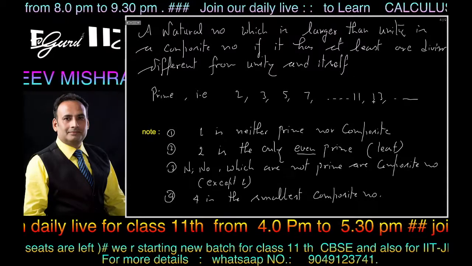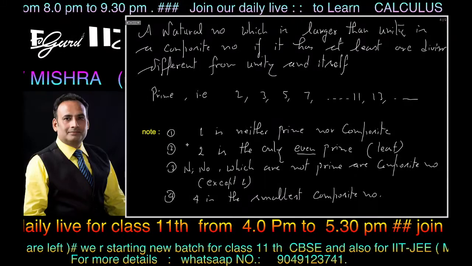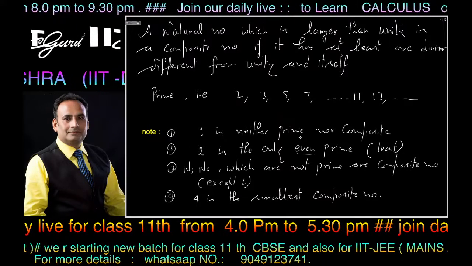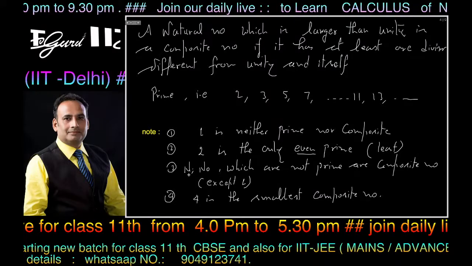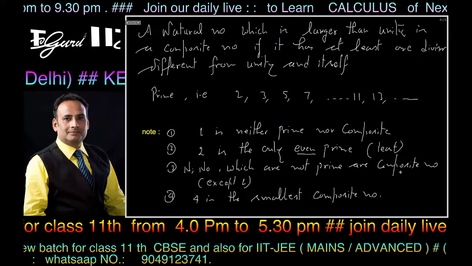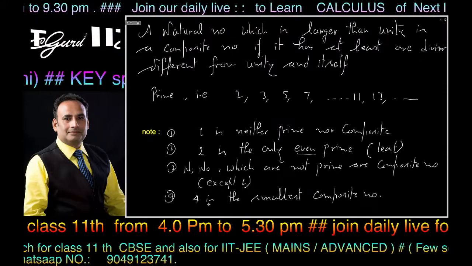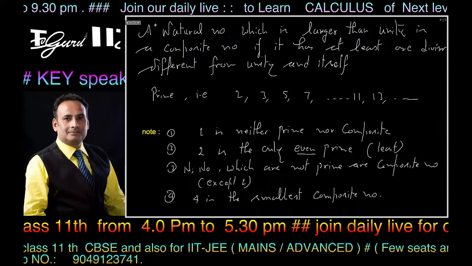So 2, 3, 5, 7, 11, 13 are prime numbers. Note: 1 is neither prime nor composite, 2 is the only even prime and also the least prime. Natural numbers which are not prime are composite, except 1. 4 is the smallest composite number.